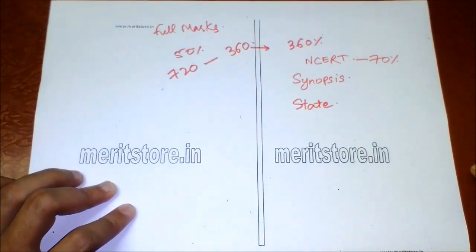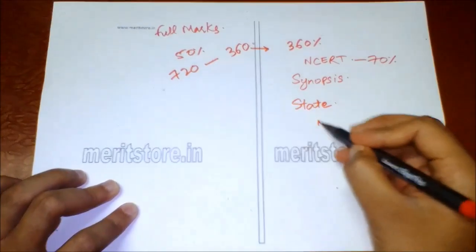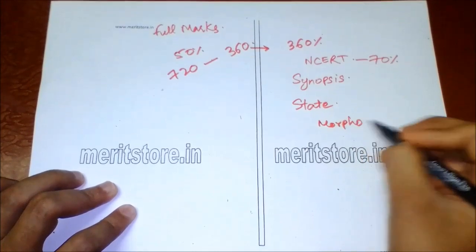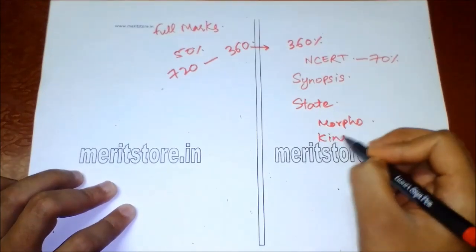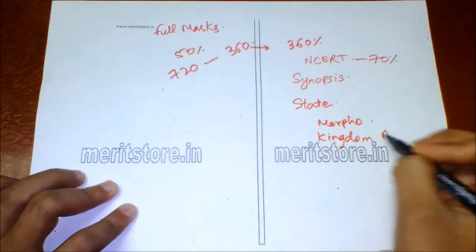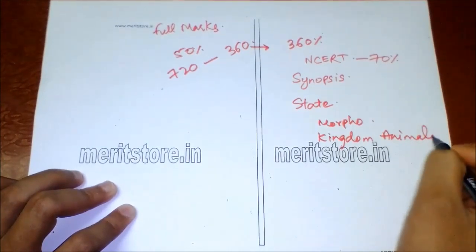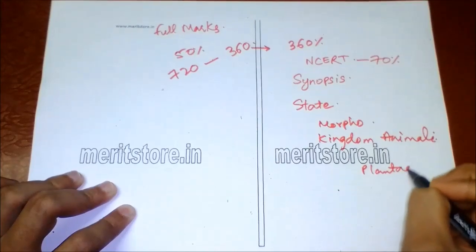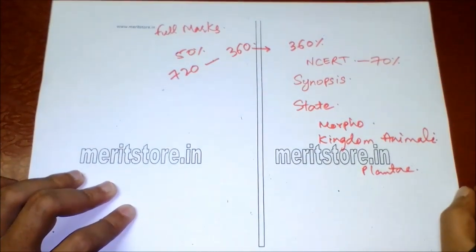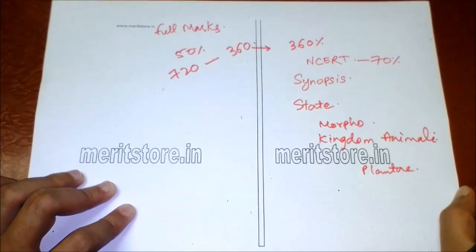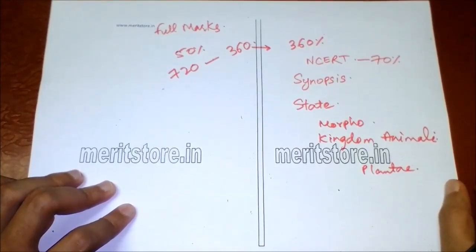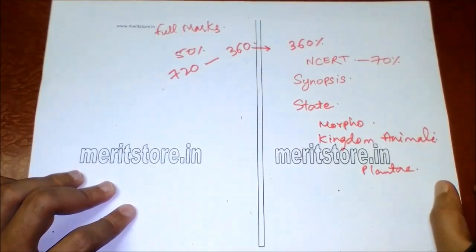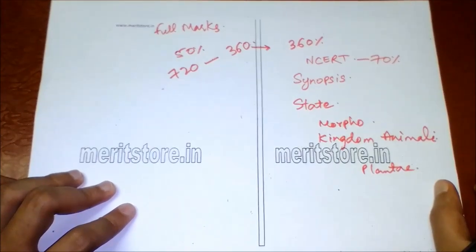Many of the chapters like morphology and anatomy of flowering plants, kingdom Animalia, and kingdom Plantae, their examples and classification, mostly the 11th standard textbook of the Maharashtra State Board will be very beneficial for you if you read the classification and examples.